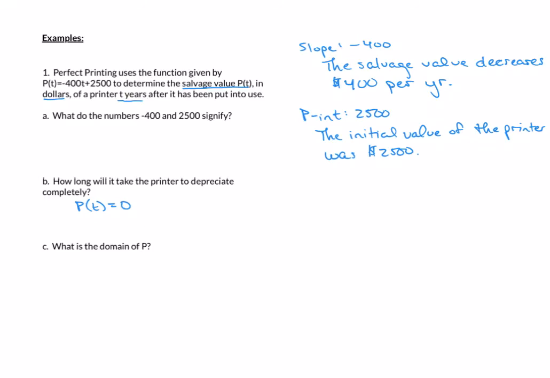So if we go ahead and plug in 0 for P of t, we get 0 equals negative 400t plus 2500. If we solve this, the first thing I want to do is subtract 2500 from both sides.